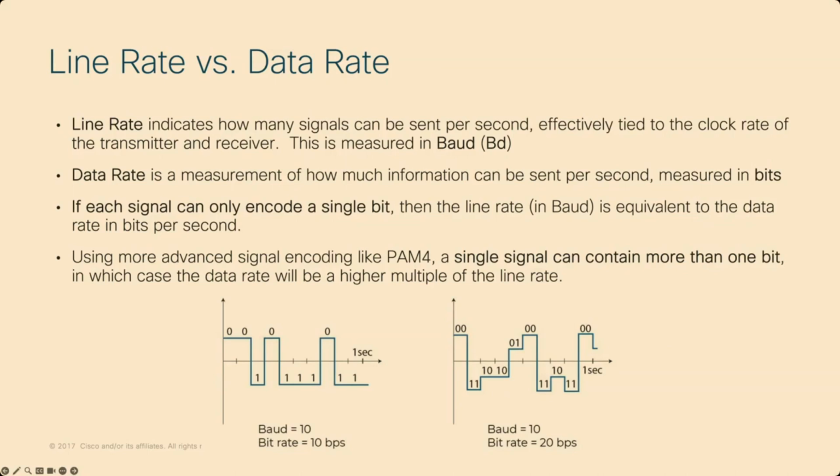Each one of those 4 different levels can be encoded for a 00, a 01, a 10, or a 11. Now all of a sudden I can get 2 bits of data for each one of those voltages, or for each one of the signals that I send down the wire. So now I've doubled my bit rate in comparison to my baud rate.